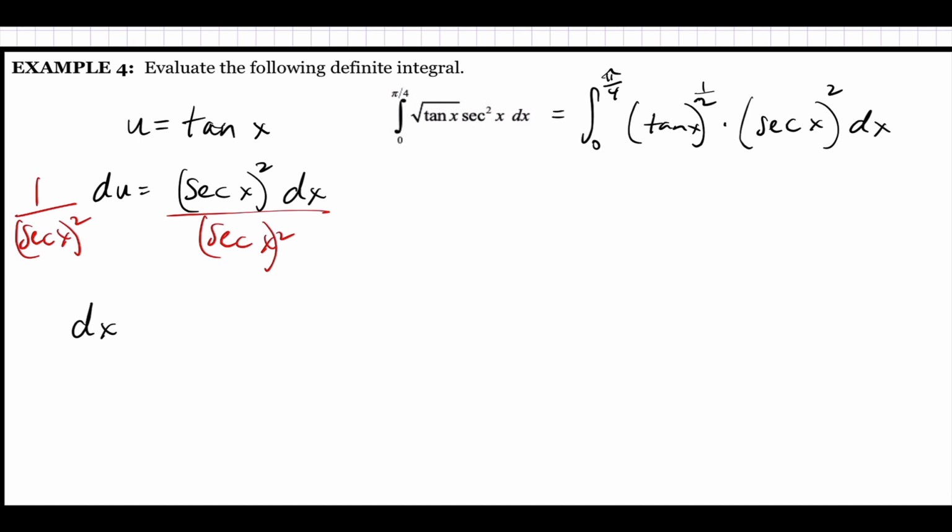Okay, so I get dx equals 1 over secant of x squared du.